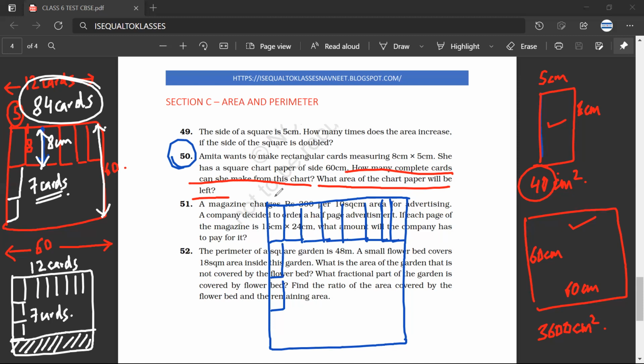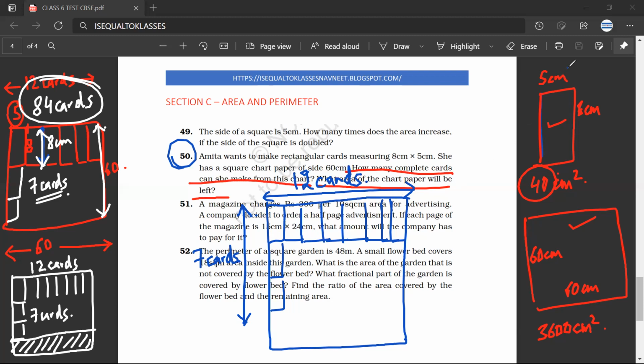See, do you agree that I can put only 12 cards like this? Here I can put only 12 cards. Do you agree to this or not? Yes, sir. Okay. Do you agree that I can put only 7 complete cards here? Yes, sir. Why?